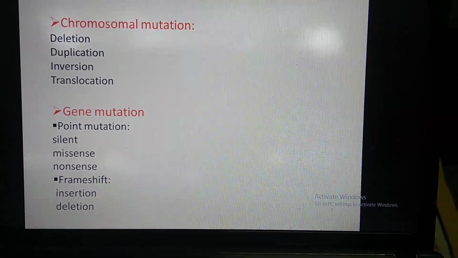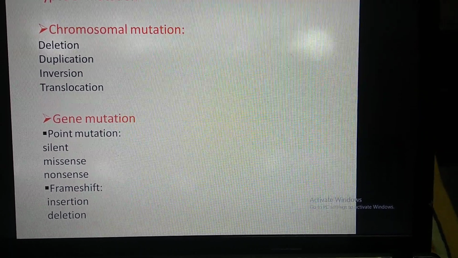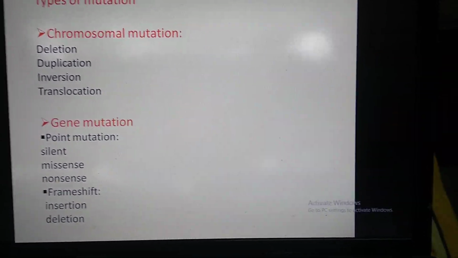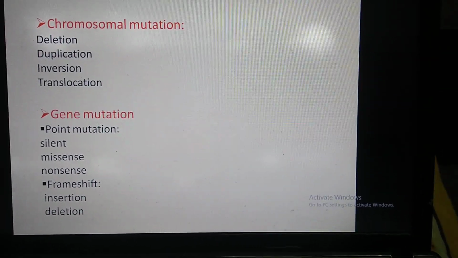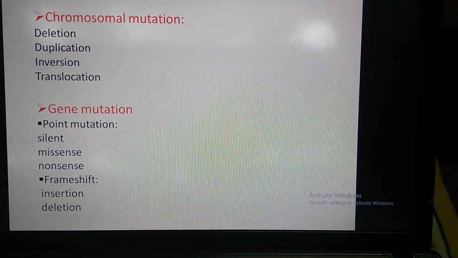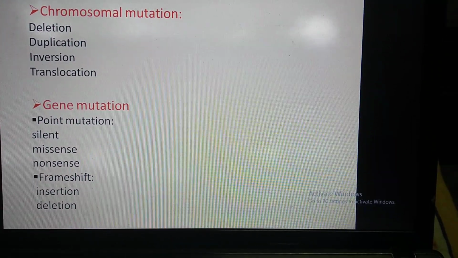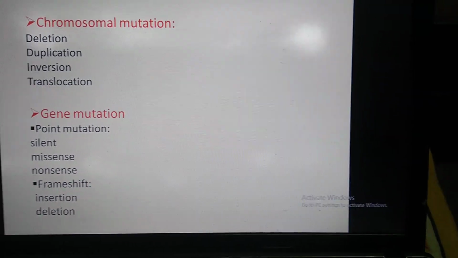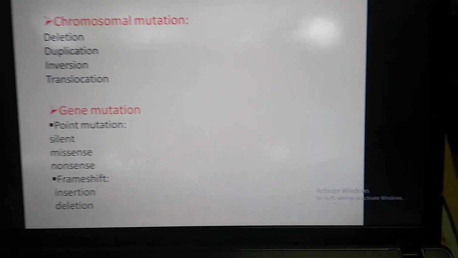Before it was basic lysine, and after mutation it leads to the formation of the acidic amino acid aspartic acid. So if we see the effect of this mutation on the gene product, that protein, it will be devastating. So this is a missense mutation.